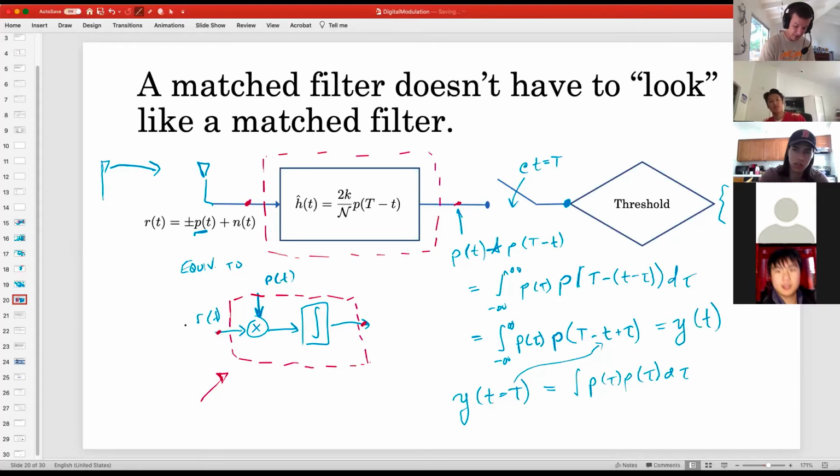And that's exactly what we get here: p of t plus the noise. If I multiply p of t with p of t, integrate the result, and then dump or sample that at t equals big T, this is equal to what you would get if you sampled this at big T as well.